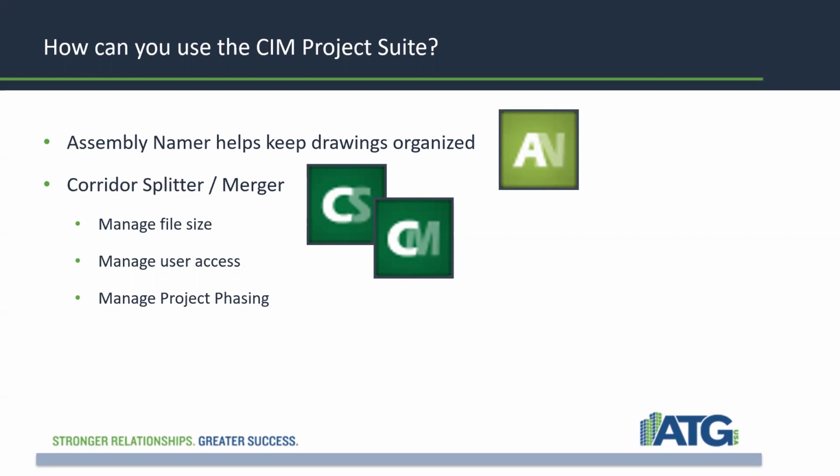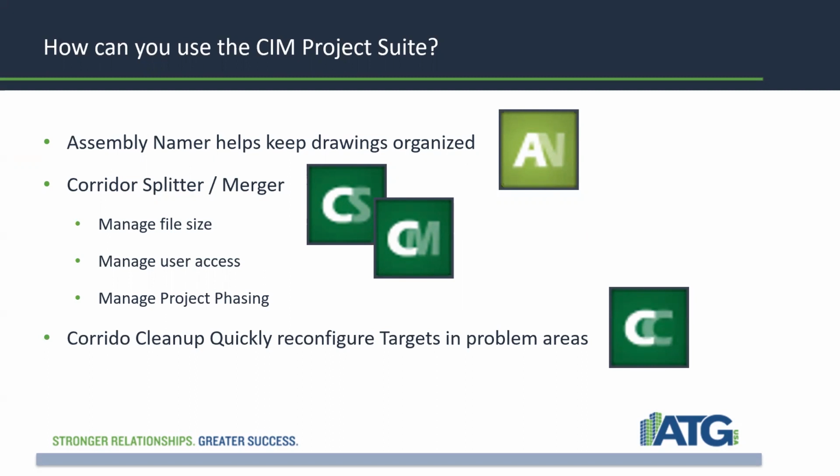As the name implies, corridor splitter and merger allows us to take one corridor and chop it up into multiple portions, or we can take multiple corridors and zip them back up into a single corridor with the ability to maintain all of our targeting and all of our parameters. We're just simply breaking or dividing them into one or more objects.